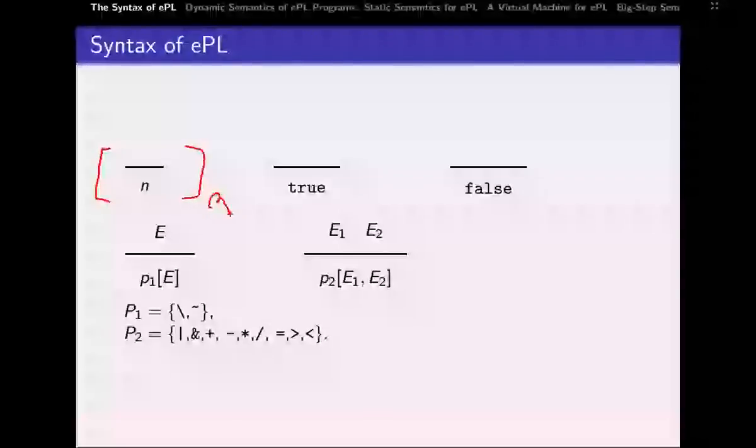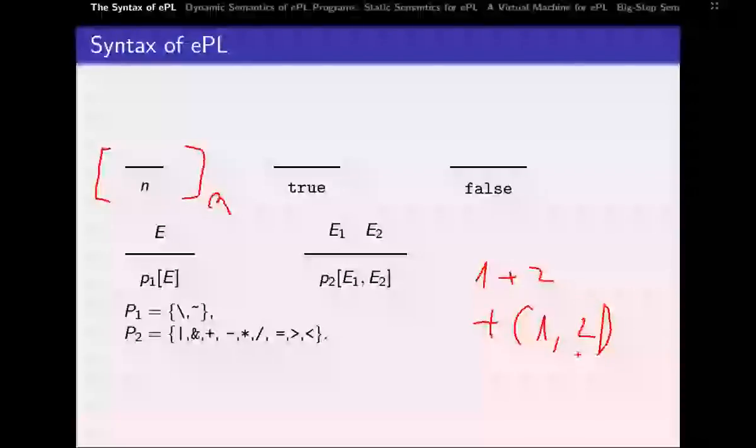I'm going to do a bit more hand waving here, right? So let's remember expressions in mathematics. We would write in mathematics something like 1 plus 2, right? But what does this mean? Plus is really a function. And we have a specific kind of notation which we call the infix notation, right? And if we weren't using plus in the infix notation, we should write it as plus 1, 2, right?